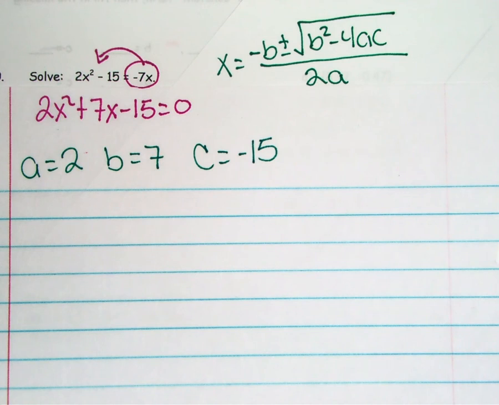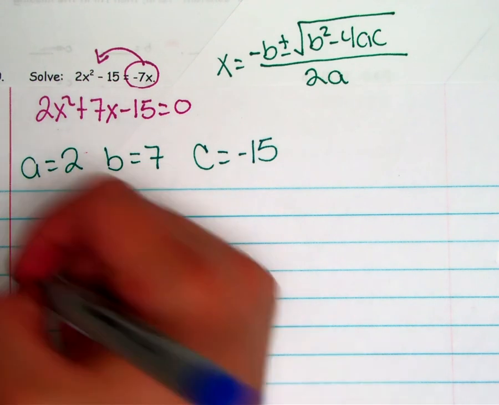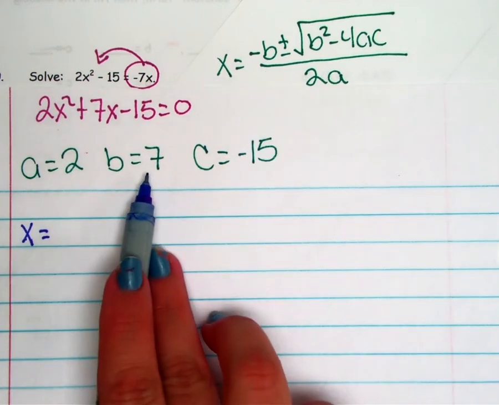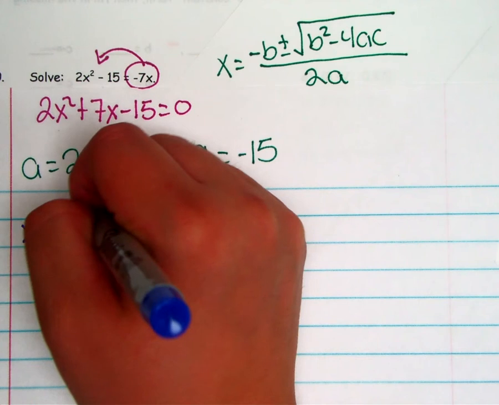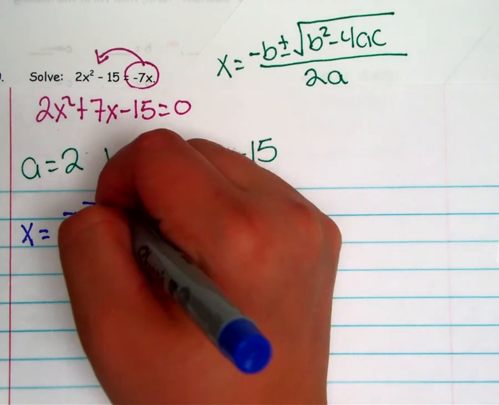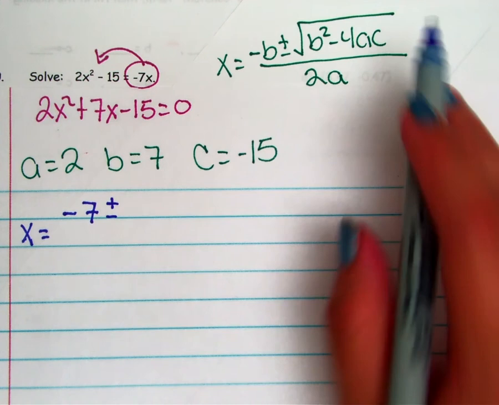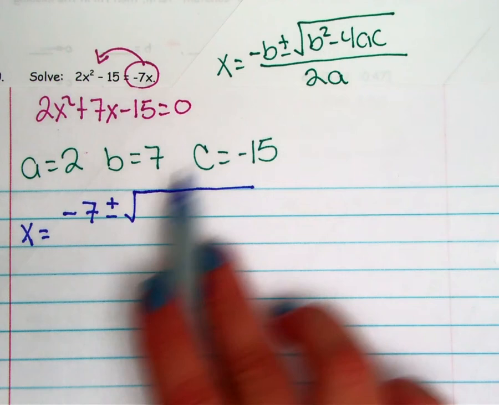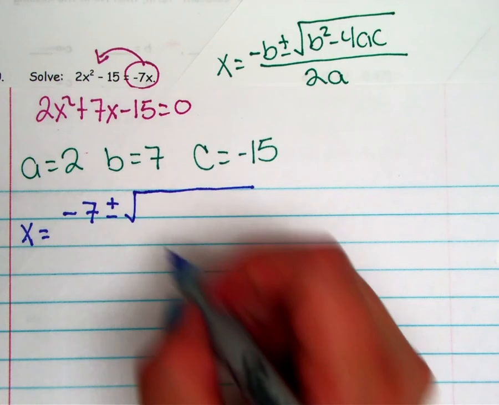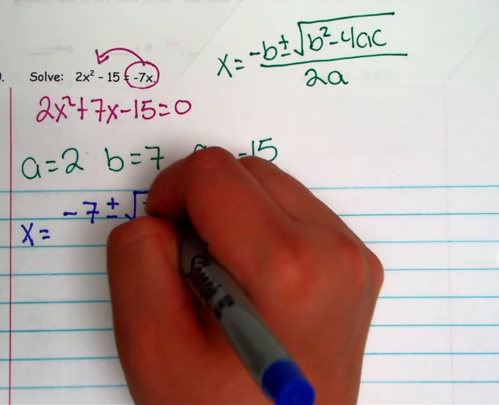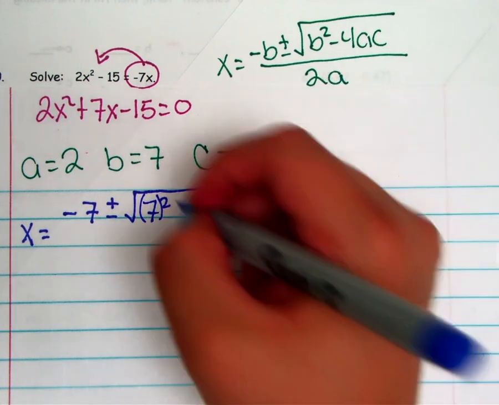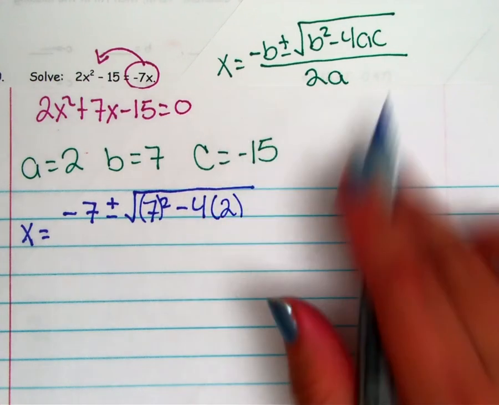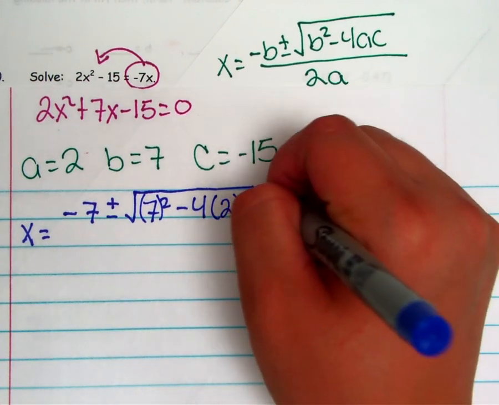So here we go. I see that it's x equals, so that stays the same, negative b. My b is 7. So negative 7 plus or minus the square root, which is a radical, that radical party, b squared, so 7 squared, minus 4, your a is 2, and your c is negative 15.